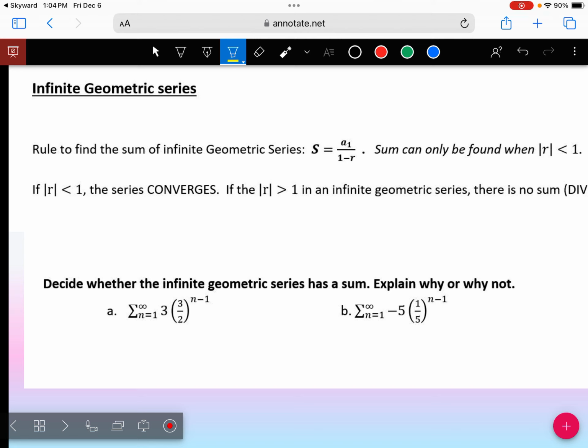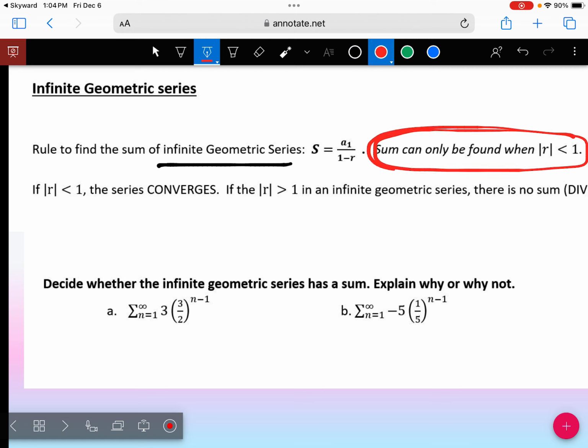But that's actually not true. The only time it's not possible is if you're multiplying by a number greater than 1. So an infinite series has a sum only if the absolute value of your common ratio is less than 1.